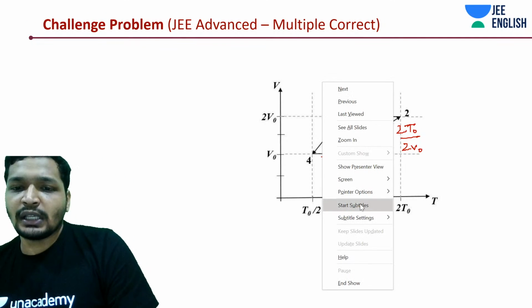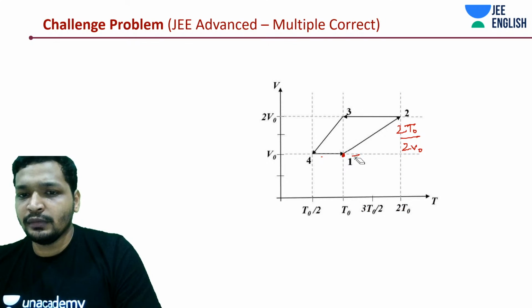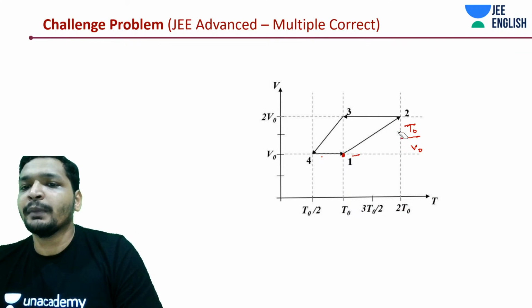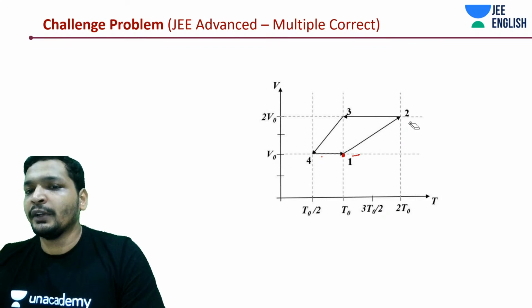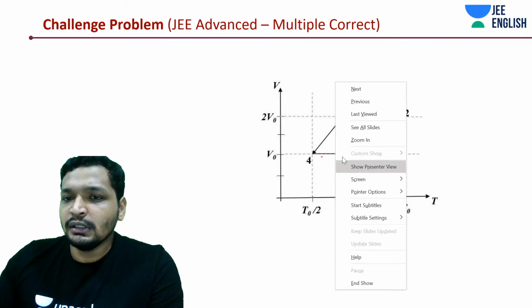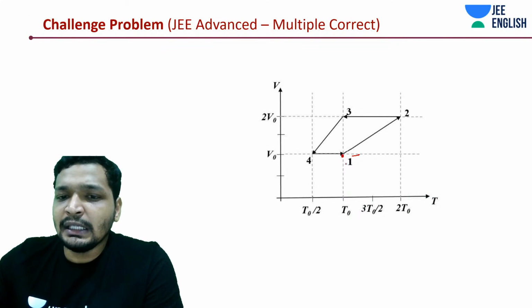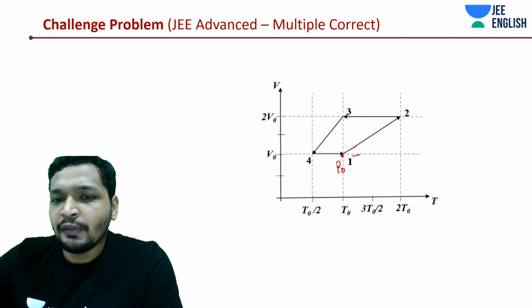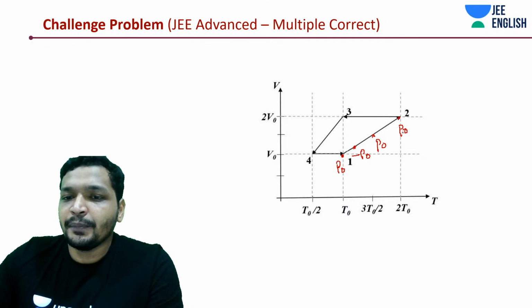Let's call this P naught, proportional to T naught by V naught. Basically 2 T naught by 2 V naught, the 2 cancels out. It will be P naught only. So it's a straight line, right? Everywhere on this line it's going to be P naught.